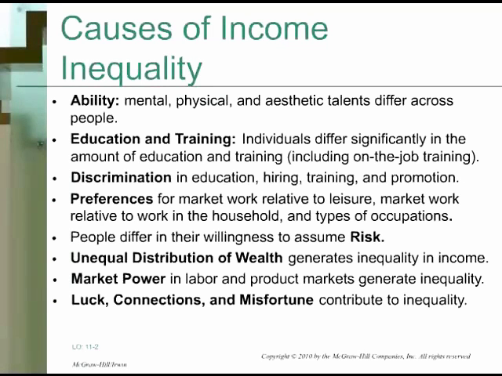People differ in their willingness to assume risk, which may also lead to different income. Unequal distribution of wealth generates inequality in income. Market power in labor and product markets generate inequality. Finally, luck, connections, and misfortune contribute to inequality.